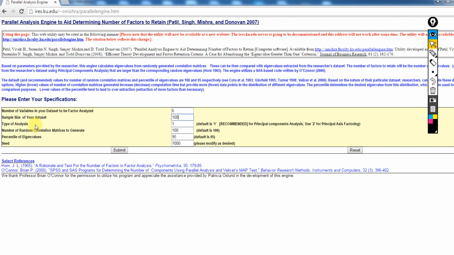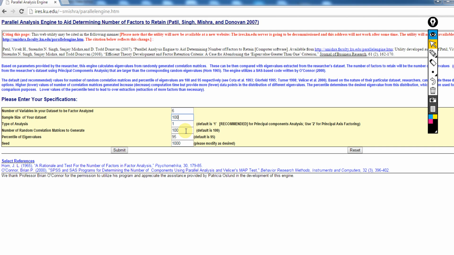The basic idea is that this will generate 100 random correlation matrices, and the eigenvalues for the 6 components that would be extracted are computed for each of those. So literally there will be 100 component 1 eigenvalues, 100 component 2 eigenvalues, all the way through component 6.